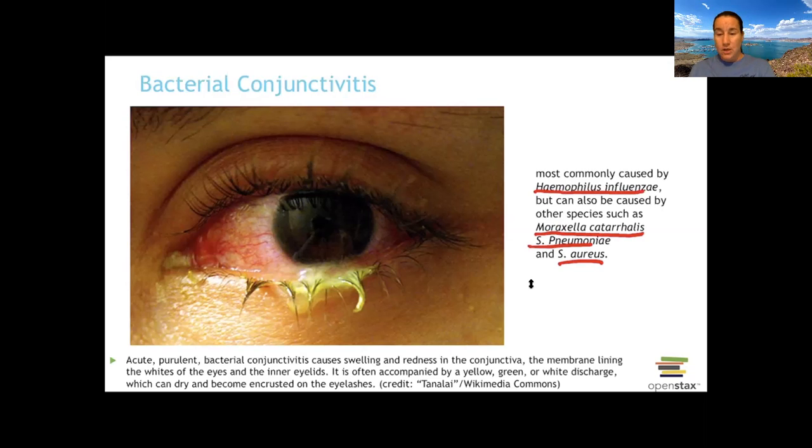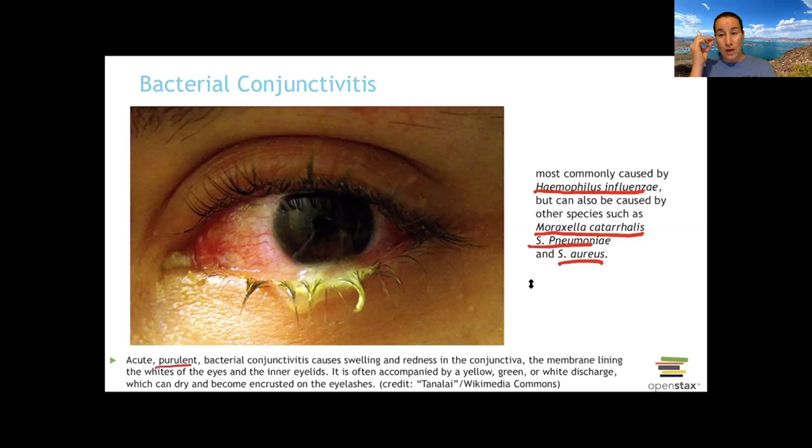Any of these guys could potentially infect the conjunctiva around the eye, and it gets inflamed with pus-like secretions where the eye is crusted shut, and it becomes purulent. We can still treat this. We can treat bacterial conjunctivitis.